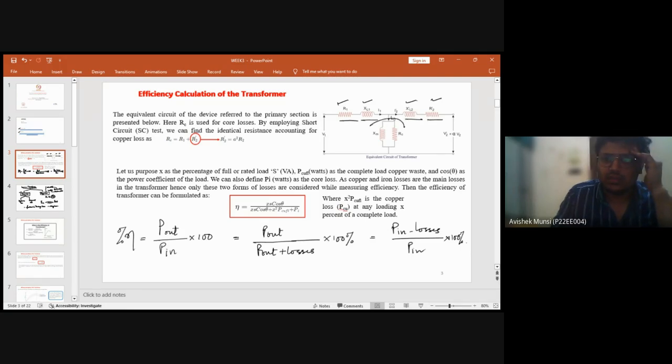And this one is the core of the transformer, where this is the magnetizing reactance and this is the core resistance, or we can call it the magnetizing resistance also. I already noted these down when I was not there, and when you see the PPT, you will be able to read these things properly.